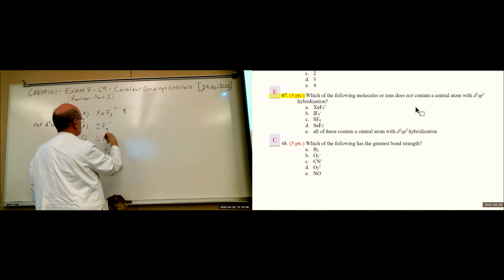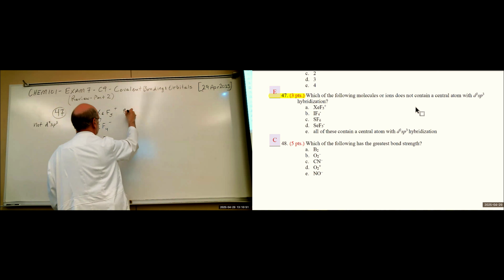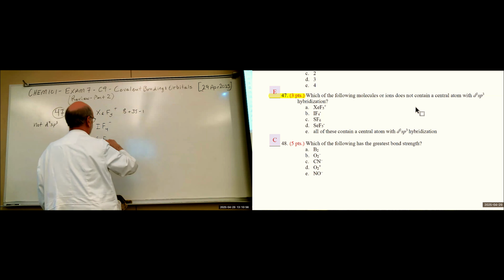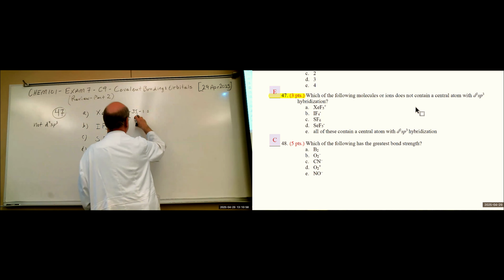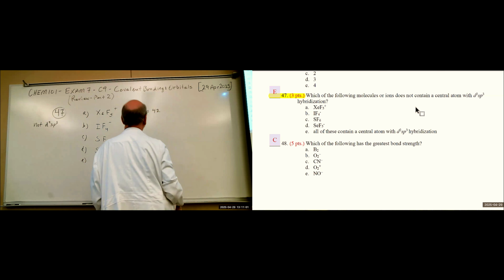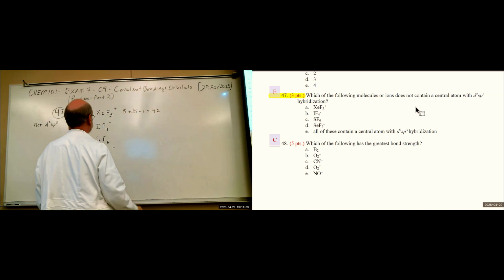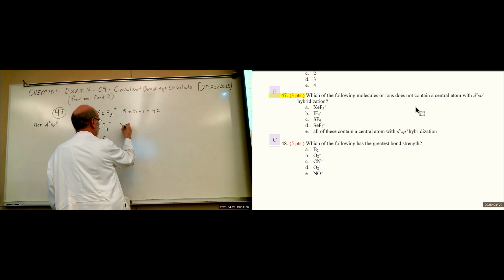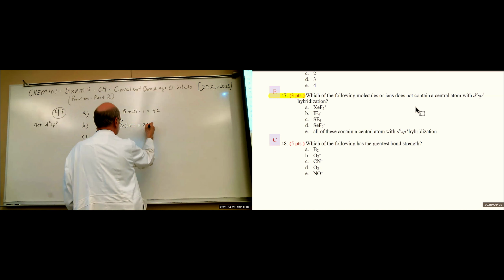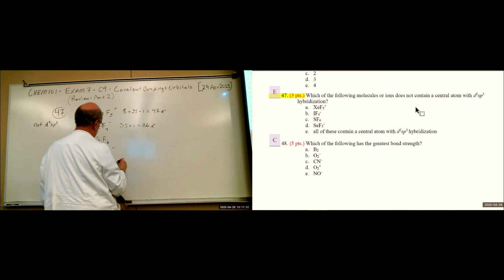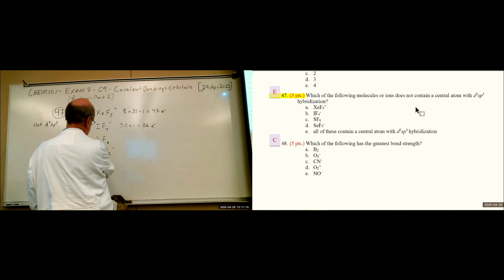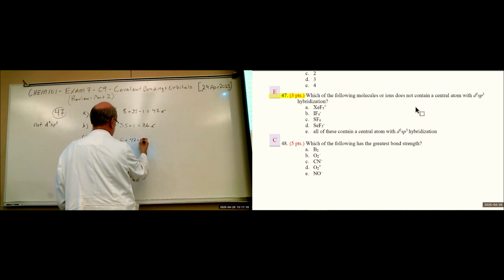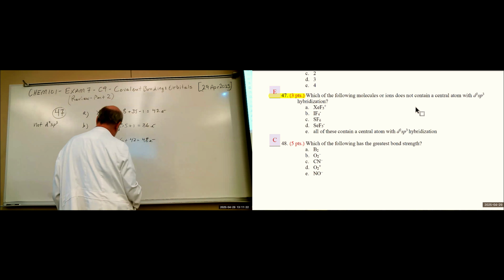Okay, so let's count up electrons first. 5 times 7 is 35, minus 1 for that charge. And this is 5 times 7 is 35, plus 1 is 36 electrons. And sulfur is 6. 6 plus 6 times 7 is 42, is 48 electrons.